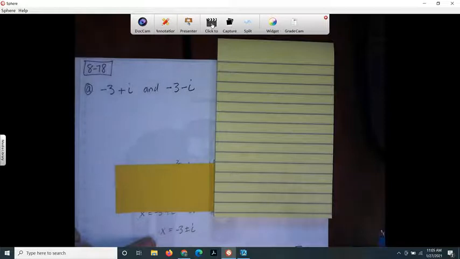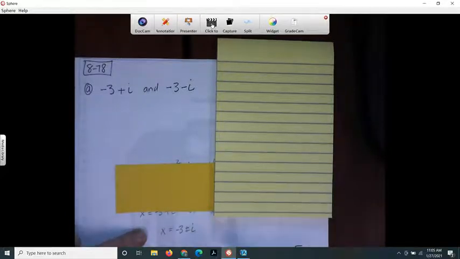They probably came from some equation like x squared plus something x plus something, some kind of trinomial. So usually when something comes out of the quadratic formula, you'll have x equals -3 plus or minus i.